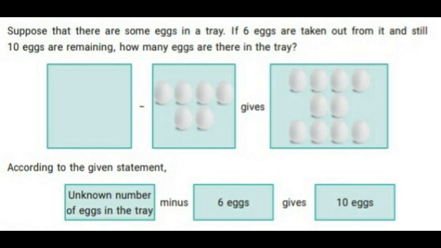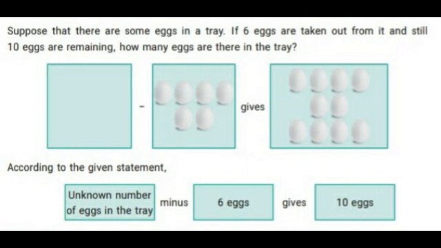Now, in this picture, according to the statement, my dears, this was the picture shown, isn't it? In the first box, we don't know the number of eggs. It means unknown. So unknown number of eggs, minus. What is the symbol we used? Minus.